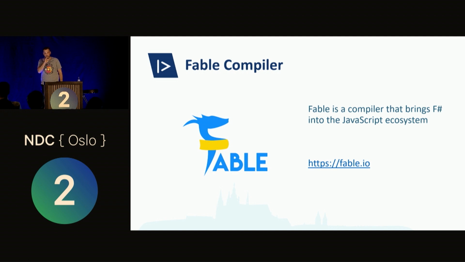In version 4, by the way, it will be able to compile also Python and Rust and Dart and PHP and JSX, everything from F#. It works as a .NET tool. You just download it as a .NET tool and say, hey, this is my F# file, and I want to output it as a JavaScript file, and that's it. I would say that Fable is the best thing that happened to F# since F# itself. It's on fable.io. Have a look.